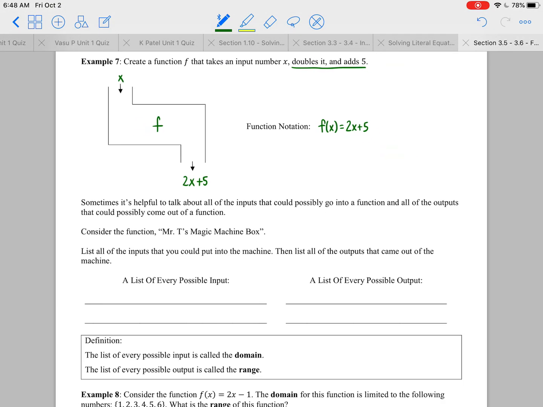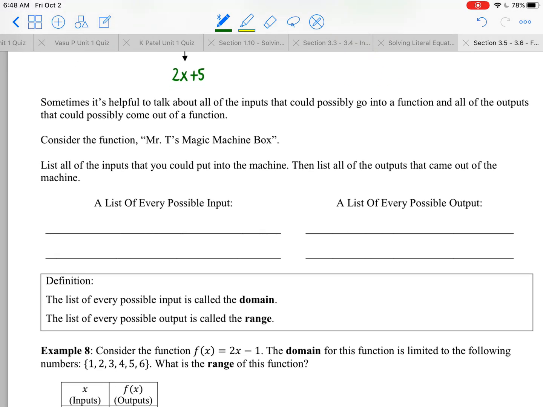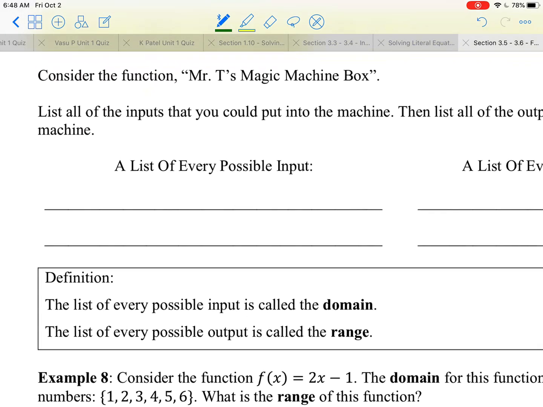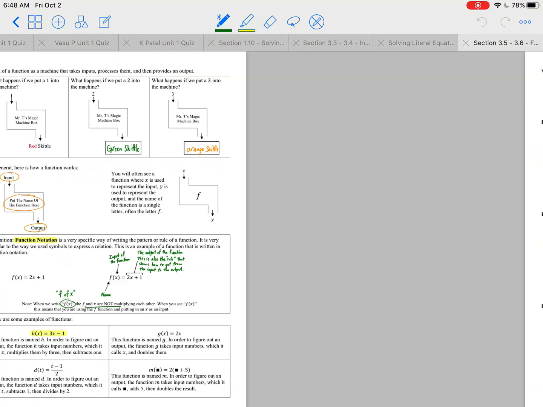Okay, and then the last thing we're going to talk about today is domain and range. Sometimes it's helpful to talk about all the inputs that could possibly go into a function and all the outputs that could possibly come out of a function. If you think about our machine yesterday, what were all the inputs that we put into our machine?